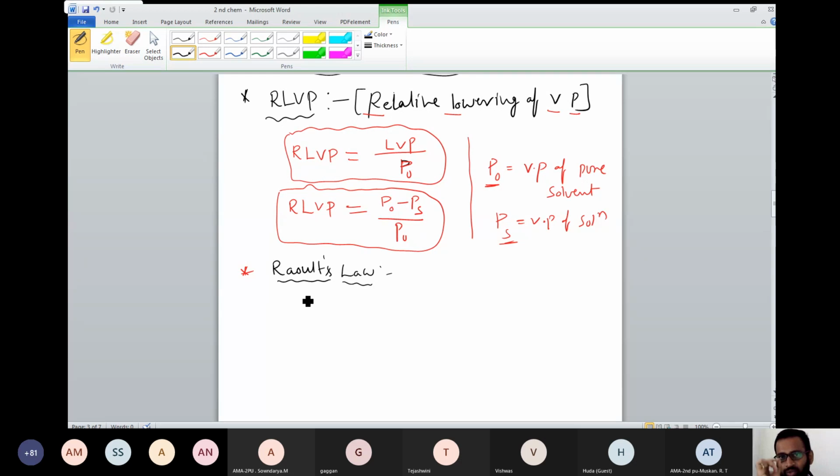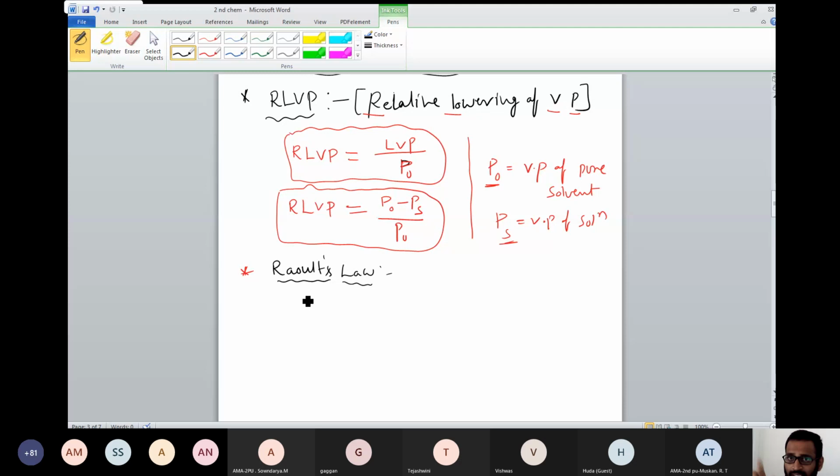So vapor pressure will decrease when the solute has macro particles, meaning big particles. Macro means the solute particles are non-volatile. Then vapor pressure will decrease. That decrease in vapor pressure is called lowering of vapor pressure. LVP is P naught minus PS.